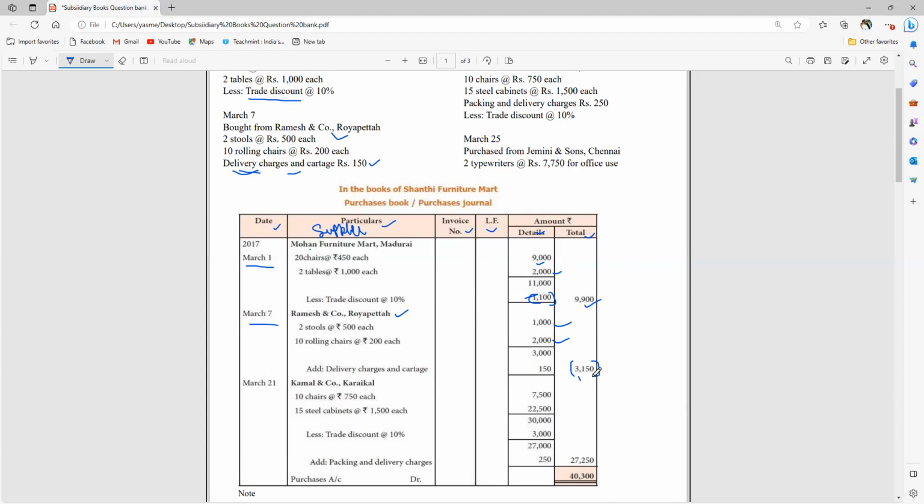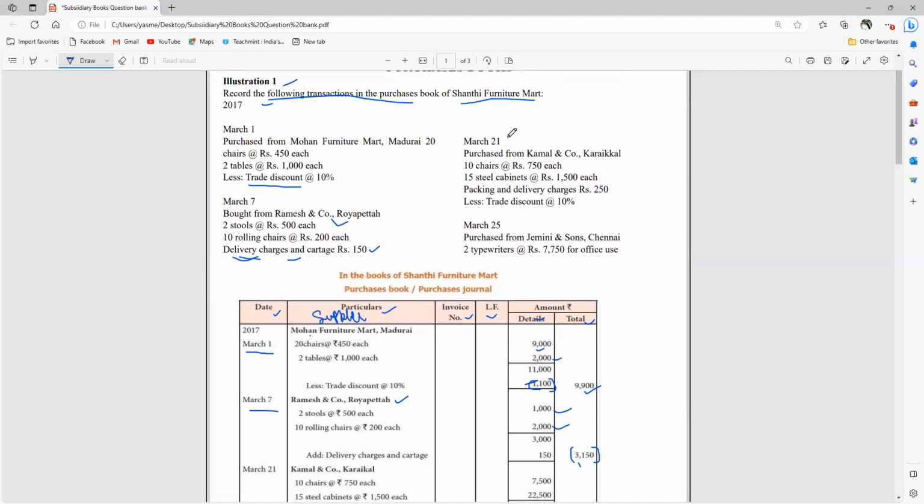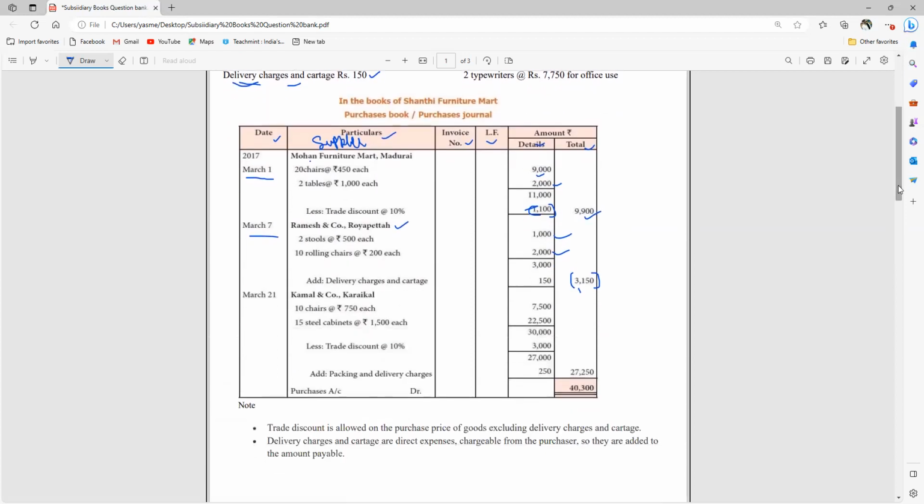The next transaction is on March 21st: purchase from Kamal and Company, Karaikal, 10 chairs at 750 each, 15 steel cabinets at rupees 1,500 each, packaging and delivery charges at rupees 250, and less trade discount at 10%. We have to record that here.